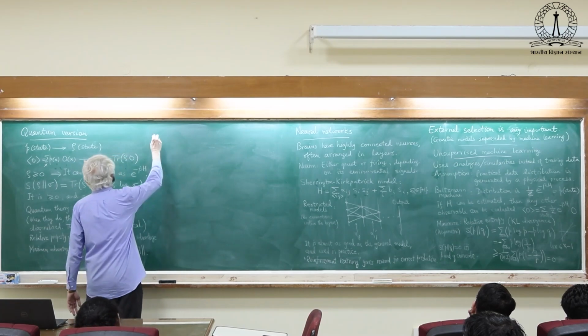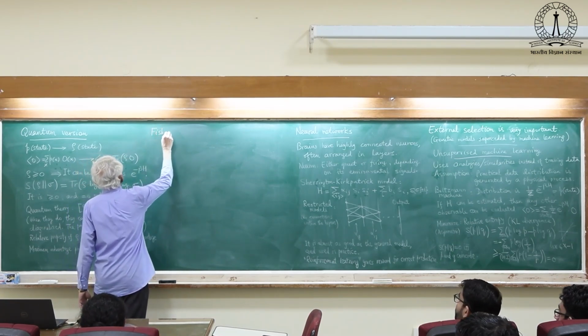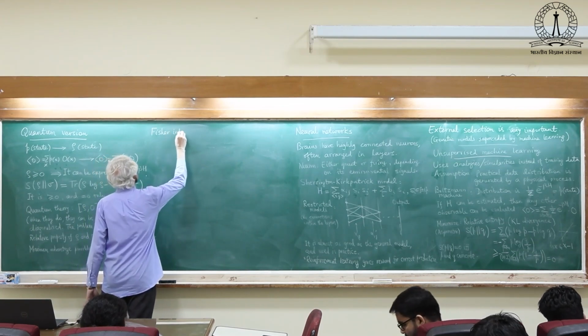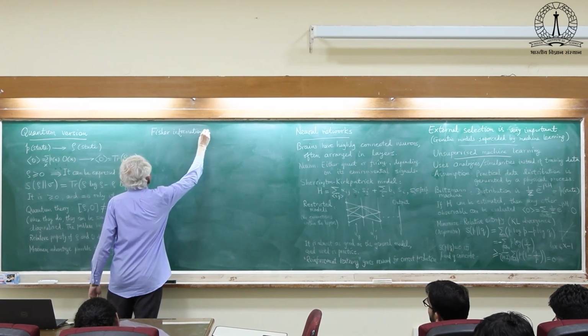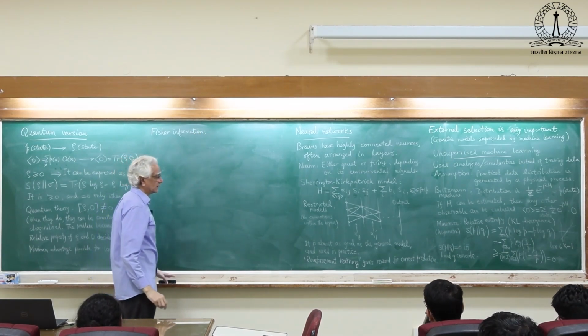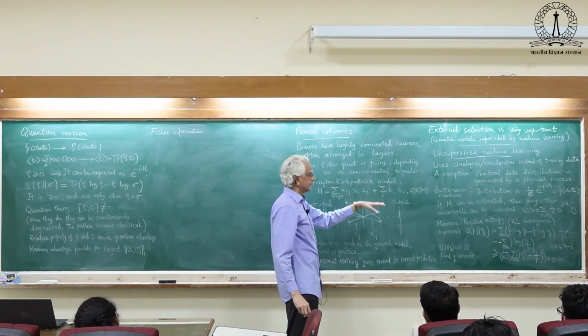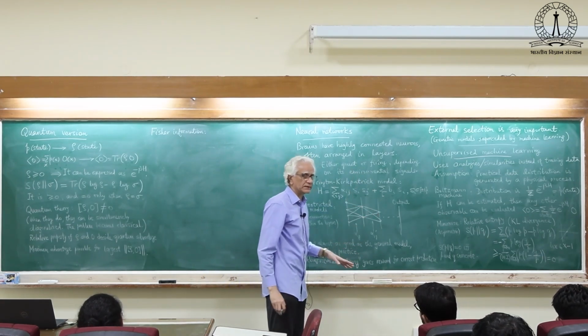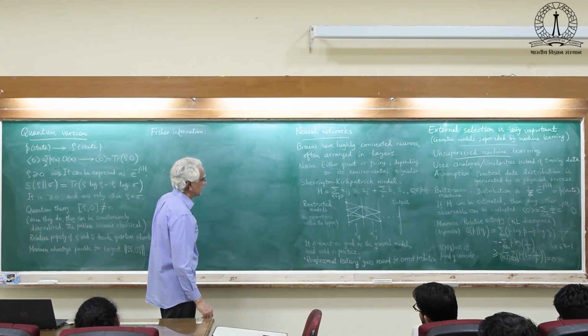So one is a quantity called Fisher information, which is actually the same problem as fitting a data to some particular distribution, how good a match you are making.